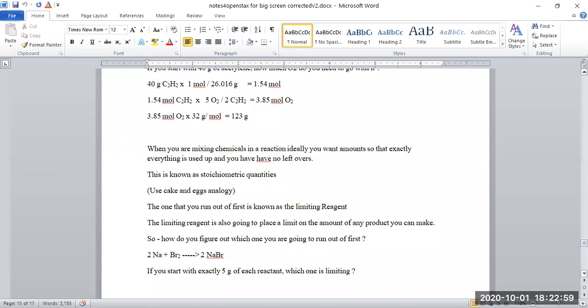So limiting reactant is the one you run out of. Excess reactant is the one you had left over.